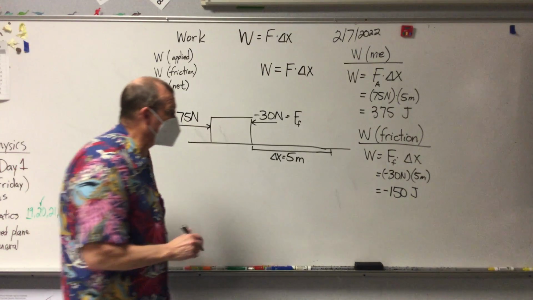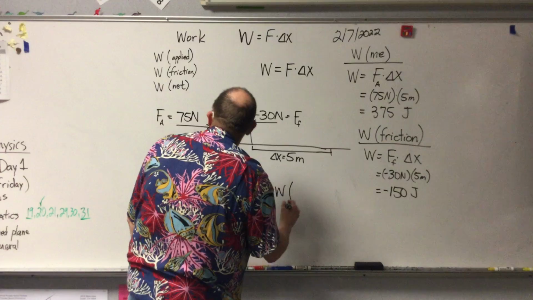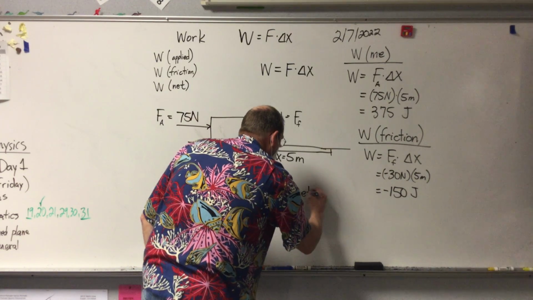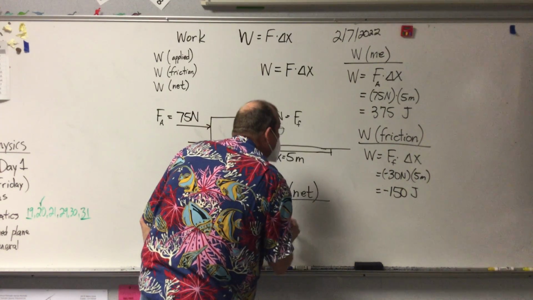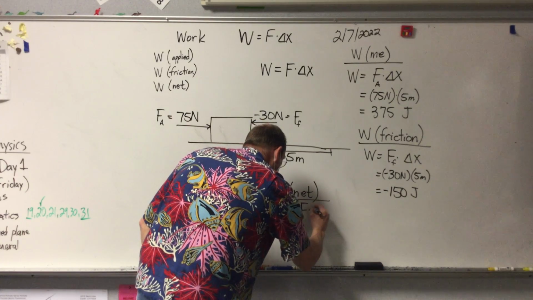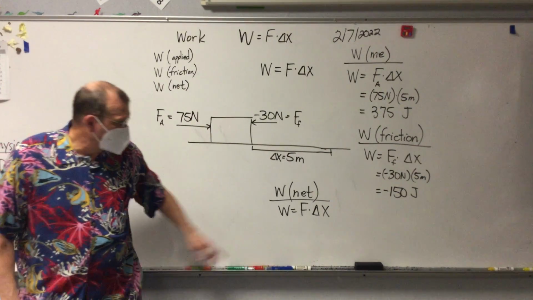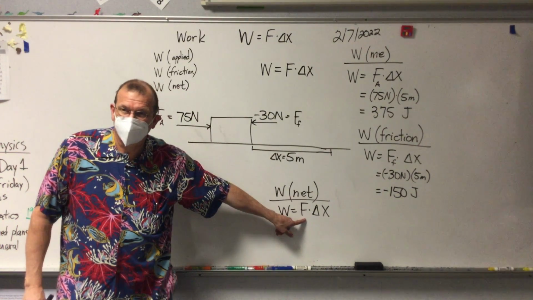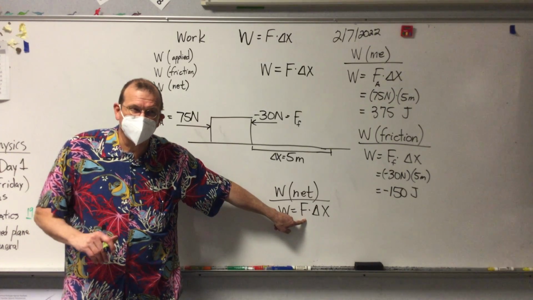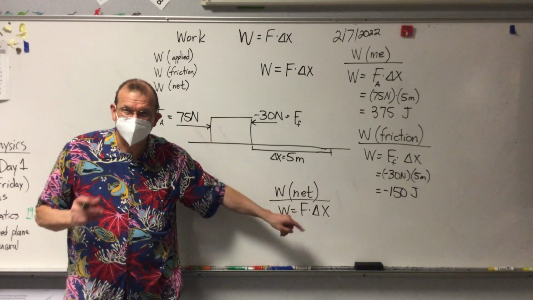Now, the last one here is what I'm going to call net work. And it's still delta X, but what F would belong here? This is kind of going back to our forces unit. Any thoughts?